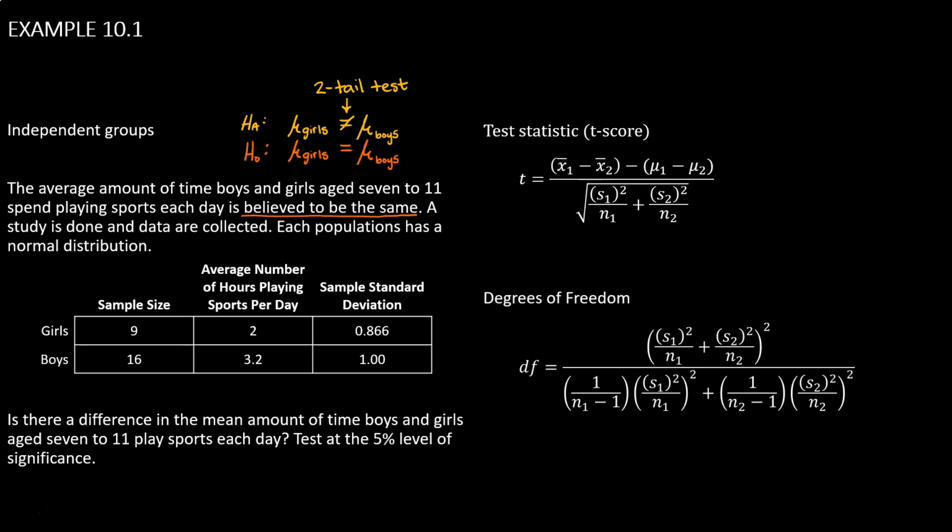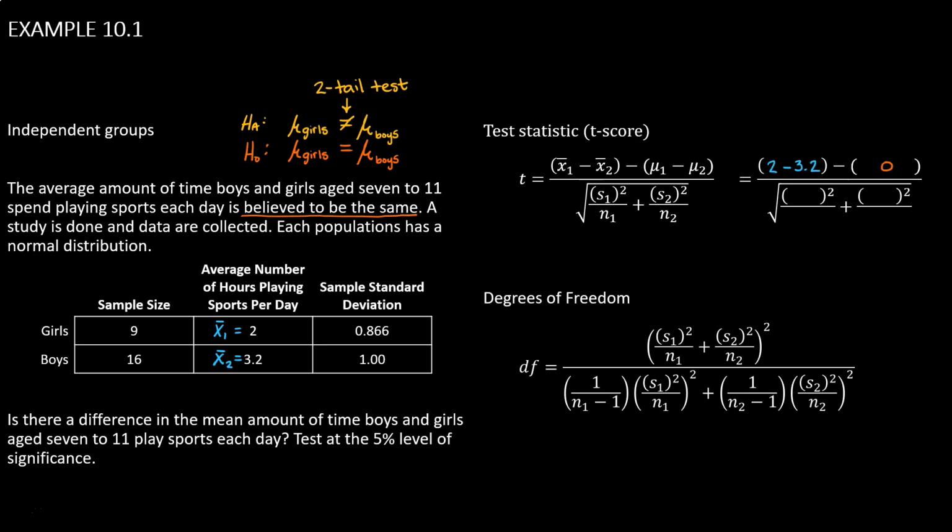We'll plug in our sample data information into our t-score formula. So first, starting by identifying the sample mean for girls as x1 bar and the sample mean for boys as x2 bar. Next, looking at our null hypothesis, which is stating that there's no difference between the population means, we know that the mean for girls minus the mean for boys would have to be 0.